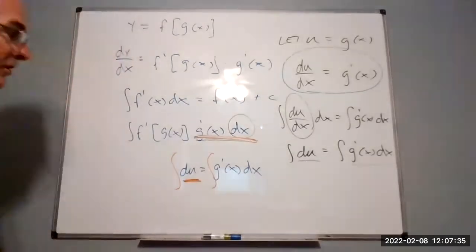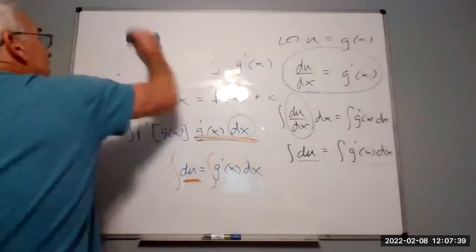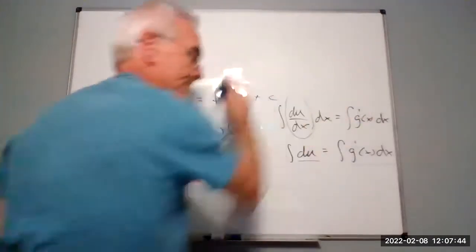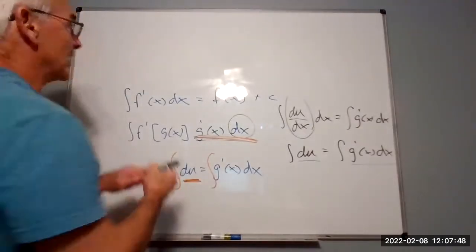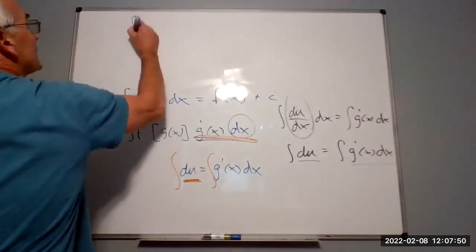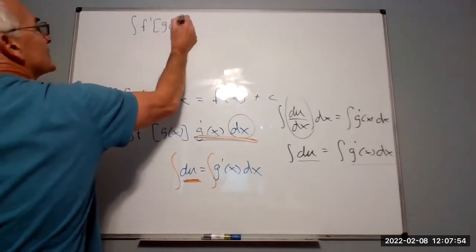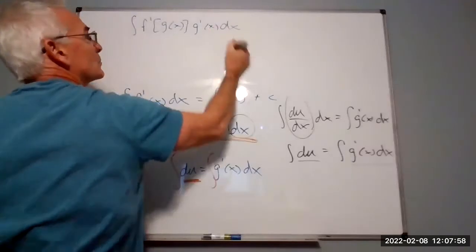So let's physically do that, okay? So I'm gonna go back to the start. I know I don't have a lot of room here. The process isn't complicated, but it's the why sometimes it's important. So I have the problem f prime of g of x times g prime of x integrated with respect to x.